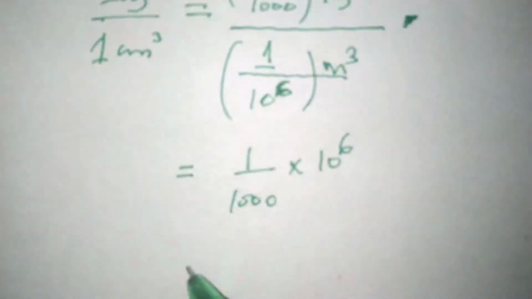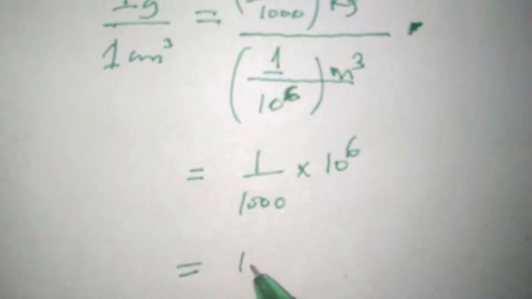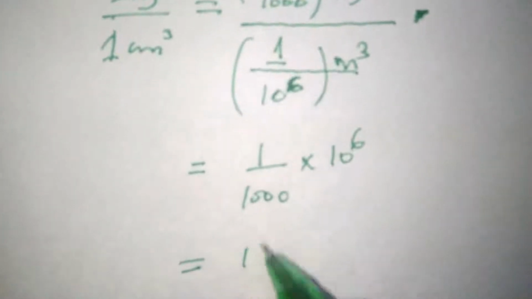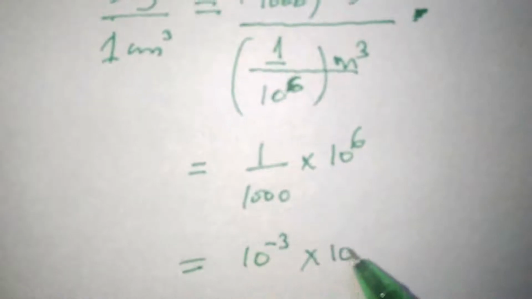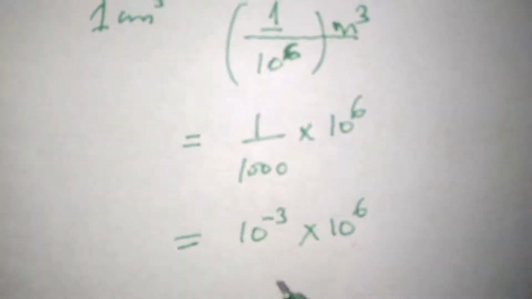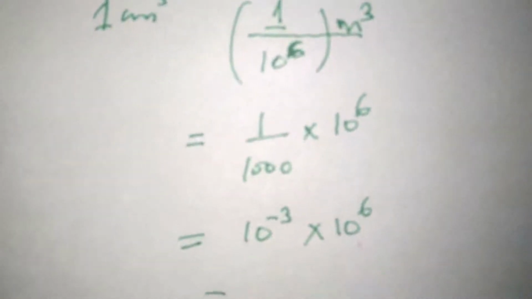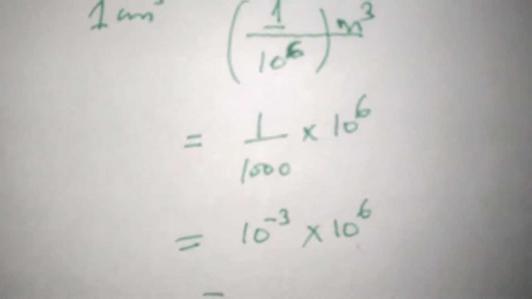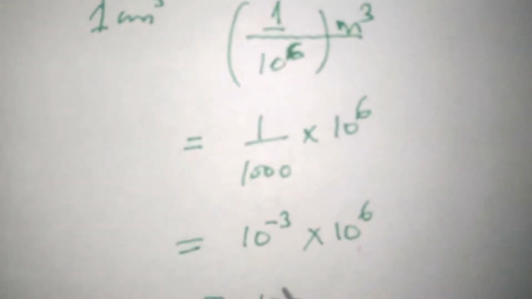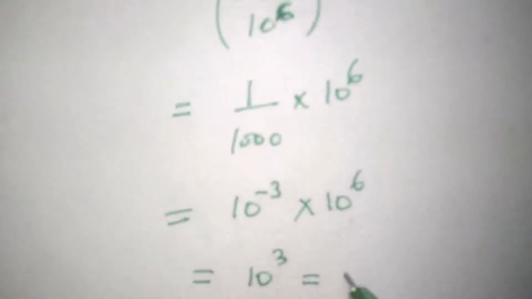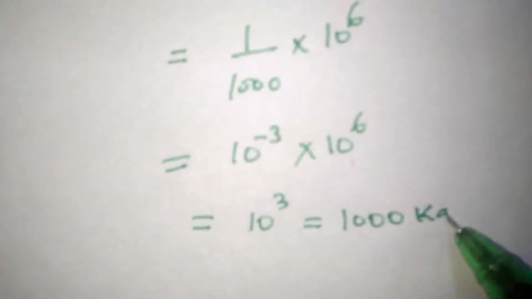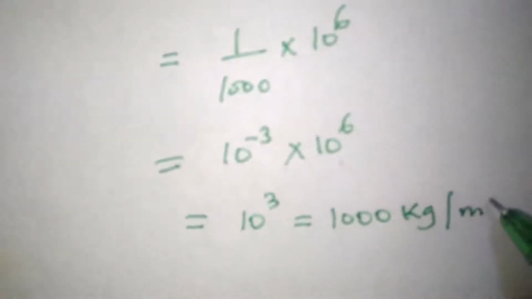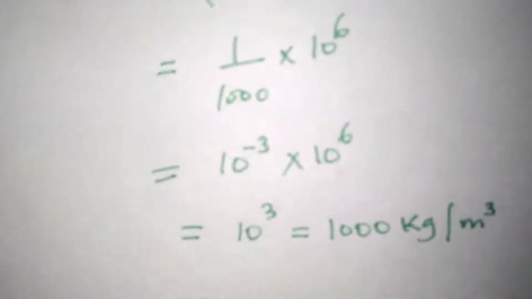Of course, if you are a physicist or a mathematician, you can tell that this is actually 10 raised to negative 3, and this one is 10 raised to power 6. If we multiply these two indices, we actually add the powers. This will give us 10 raised to 3, which is the same as 1000.